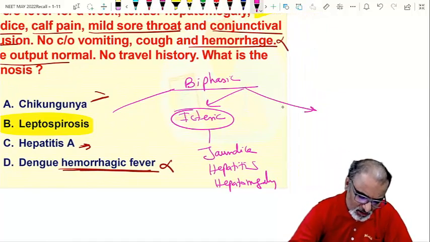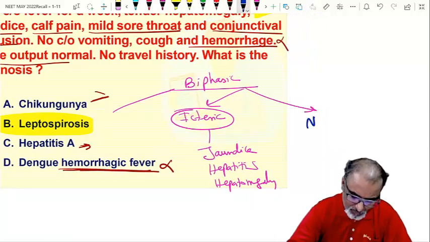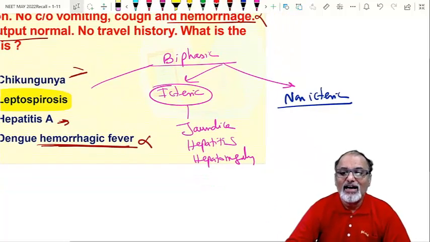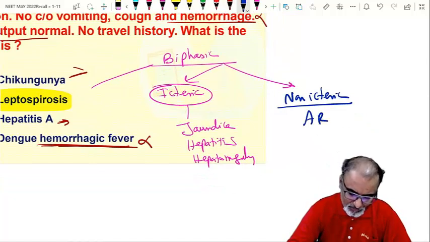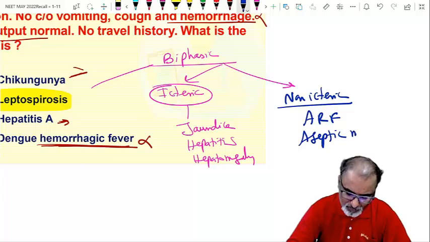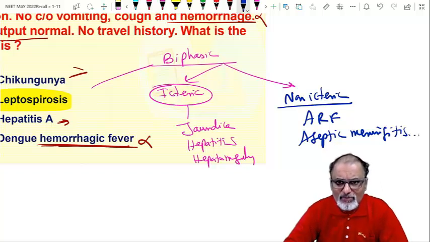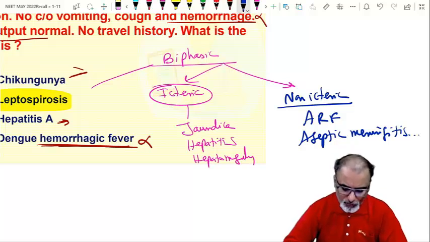Another phase is called the non-icteric phase. In this phase, very common is acute renal failure and aseptic meningitis. These are the common features. So everybody thought leptospira means renal failure. It's not mandatory. Few people experience both.